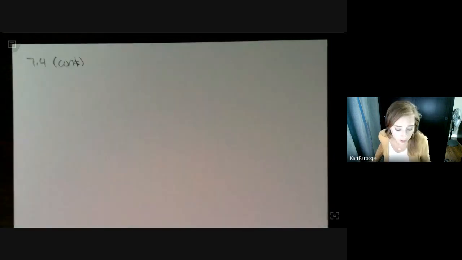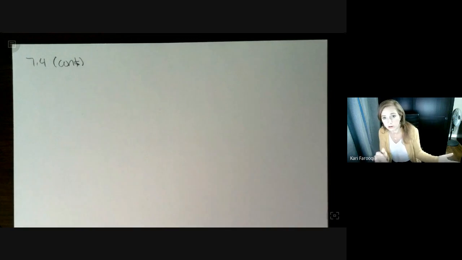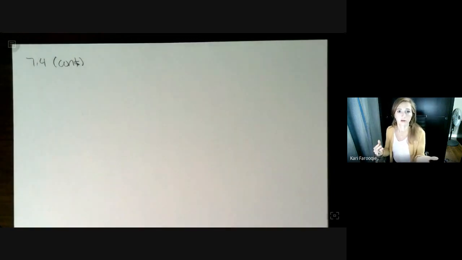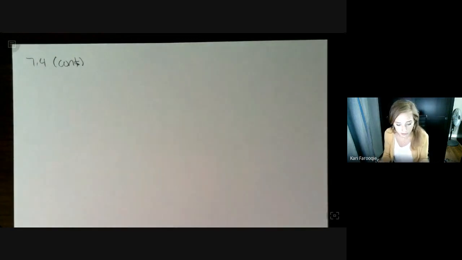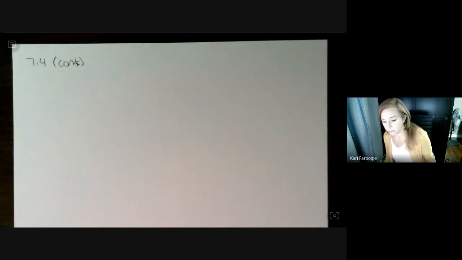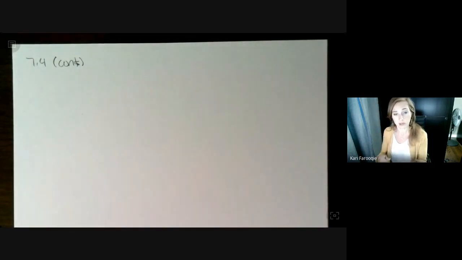And 7.4 is kind of nice, even though it's not a pull-this-together mixed practice section. In a way it kind of is, because these sections all build on each other. Every once in a while you'll see a question in 7.3 or 7.4 that uses integration by parts, for instance. So once you learn something, you might see it again mixed in with another topic. We're going to be doing a little bit more of that here.